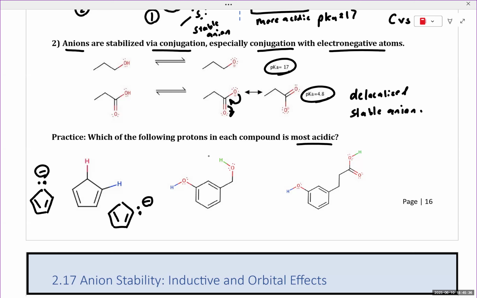As you can see, one of these anions can be delocalized, and as a result, this anion is more stable. As a result, this proton would be most acidic. Generally, allylic protons are more acidic than vinylic protons.